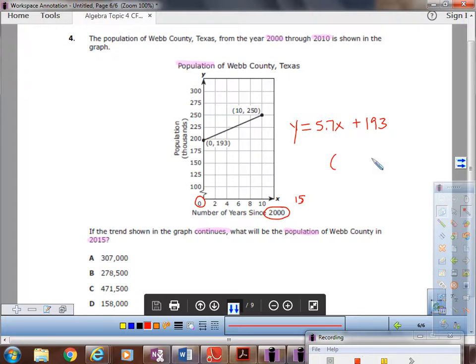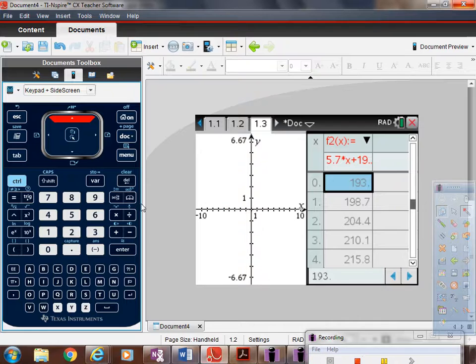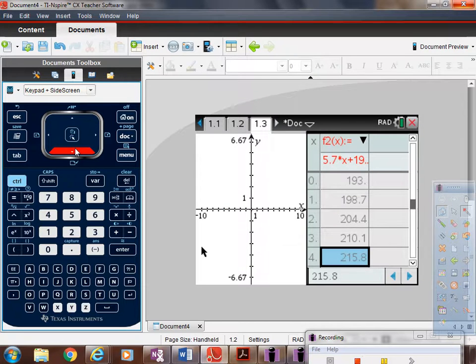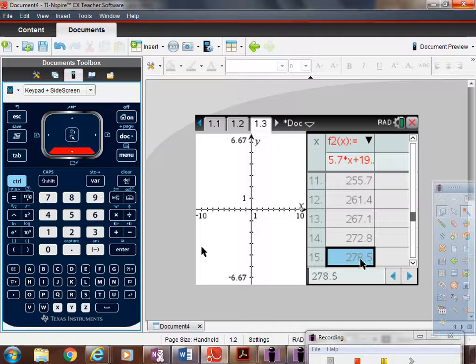So we're looking in our table for 15, this is the year, and we're looking for the population. That's what they want us to answer. What's this number? So we look it up. Scroll down to 15. And it's about 279 if you round it.